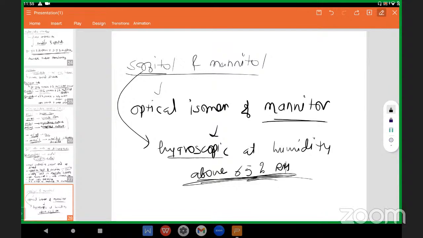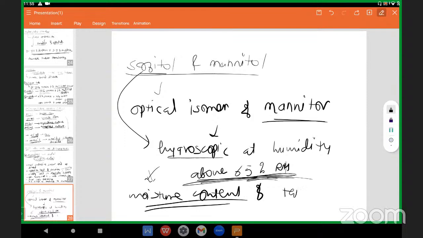sorbitol in manufacturing. Sorbitol as a diluent, what is that? This starts absorbing the moisture at about 65% humidity. Okay, so what happens because of this? When you are going to perform the stability studies, in that case, the moisture content of the tablet might increase. That's why we are not preparing majorly sorbitol as a diluent as compared to the mannitol.